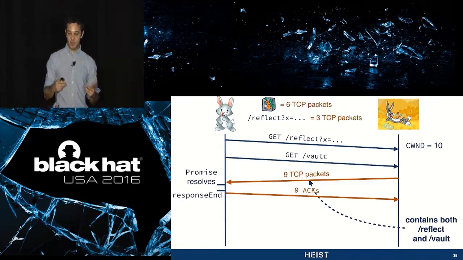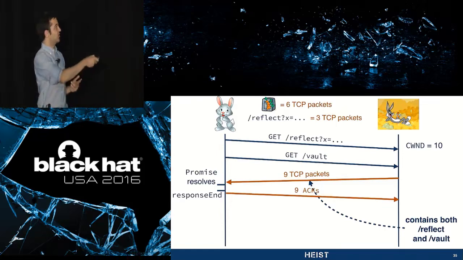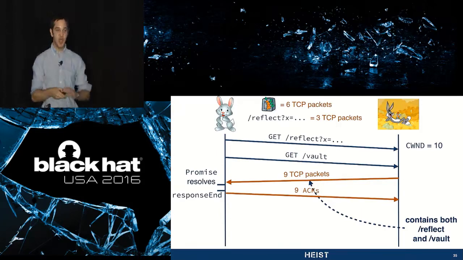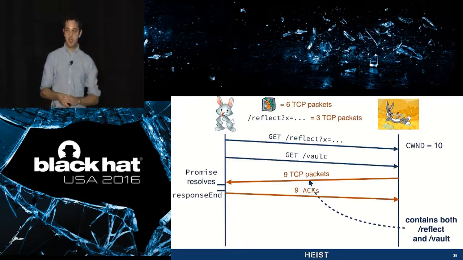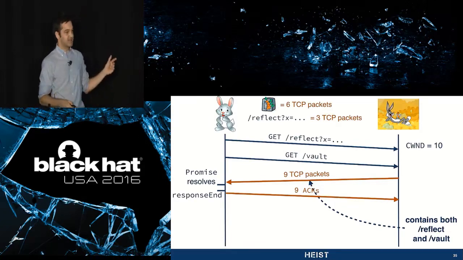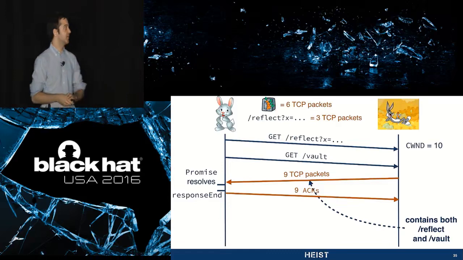So how does the attack work? Well, we're first going to send an HTTP2 request to the Reflect resource, and immediately after that, we're also going to send an almost parallel HTTP2 request to the Vault resource. Like I mentioned, these 2 requests happen in the same TCP connection.